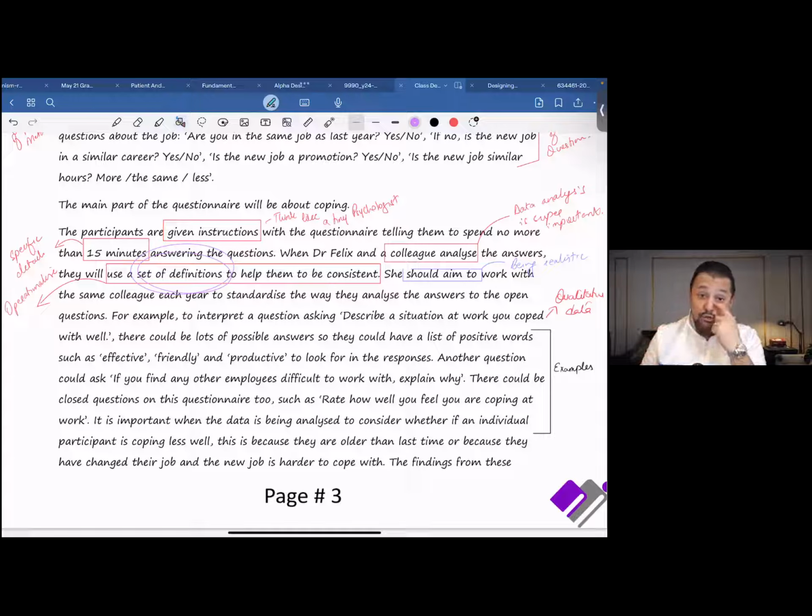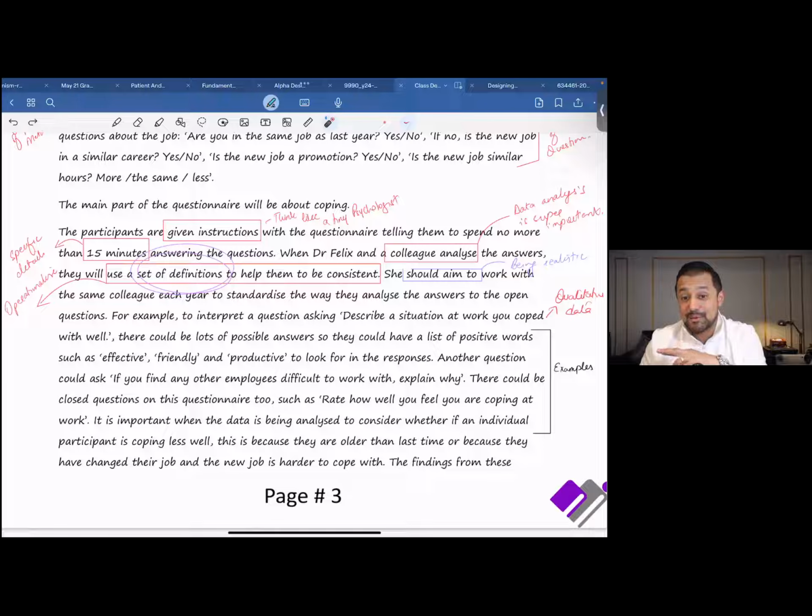So you need to have the same set of definitions so that there's consistency in the way you're analyzing your data. Dr. Felix and a colleague analyze the answers. They will use a set of definitions to help them be consistent. Taking it ahead, she should aim to work with the same colleague each year to standardize the way they analyze the answers to the open questions.